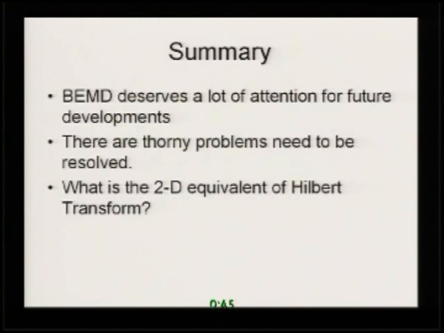In that case, we are looking for a two-dimensional equivalent of the Hilbert transform. And the two-dimensional Hilbert transformation is not clear-cut available. So those are all the problems that we face in two-dimensional EMD, and this is the direction that we are working on.